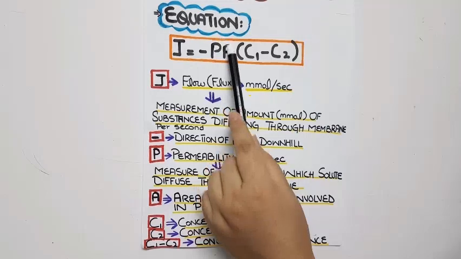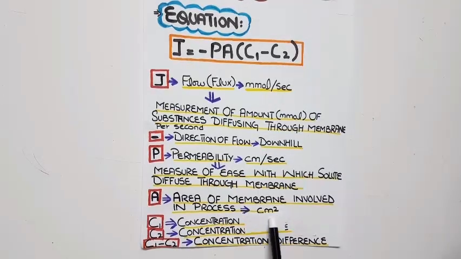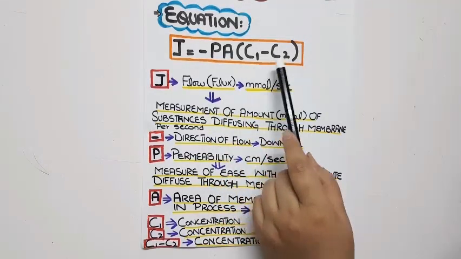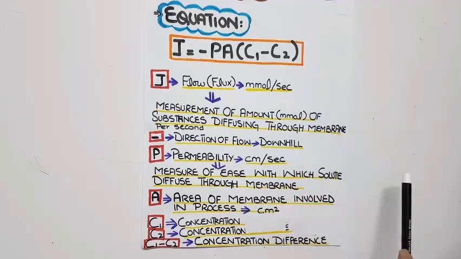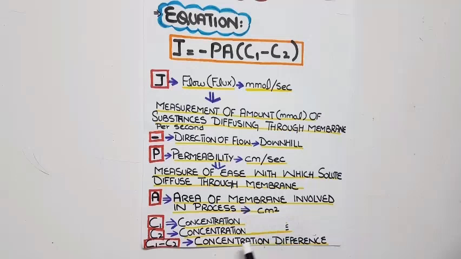This A is the area of membrane involved in the diffusion process, and its unit is centimeters squared. C1 and C2 are the different concentrations across the cell membrane, whereas C1 minus C2 is the concentration difference across the cell membrane.